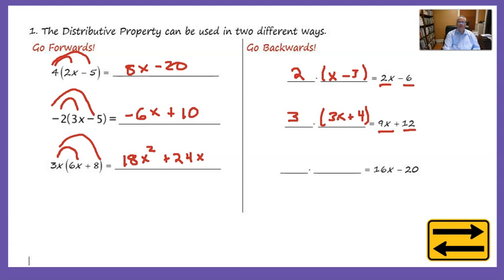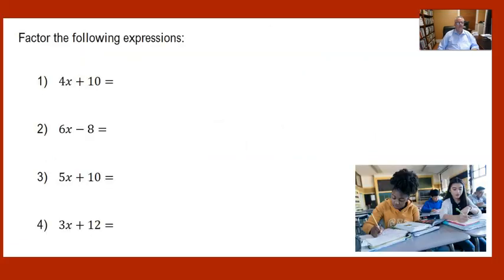I think 4 goes into both of these, so we can write this as 4 times what? Well, 4 times 4x would be 16x. And 4 times minus 5 would be minus 20. So, okay, that's factoring. We'll talk a lot more about factoring later on. We're just getting a little preview now.